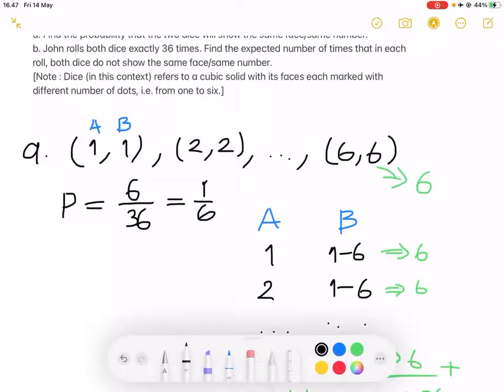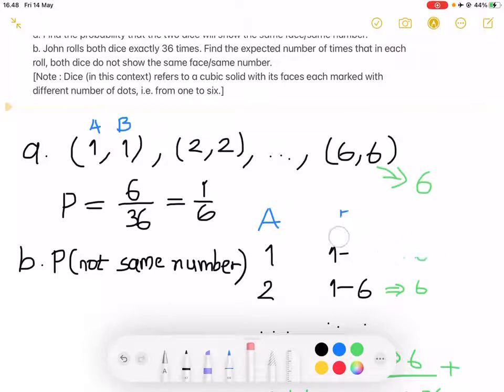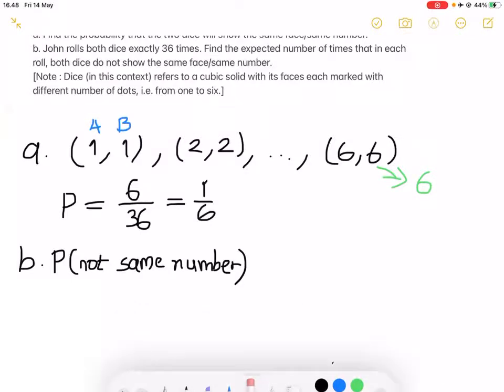For part B, John rolls both dice exactly 36 times. Now we need to find the probability that both dice do not show the same face or same number. Although I didn't mention this in my first video of the explanation, there is actually a formula for this.